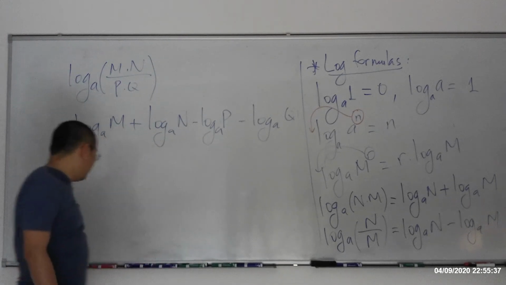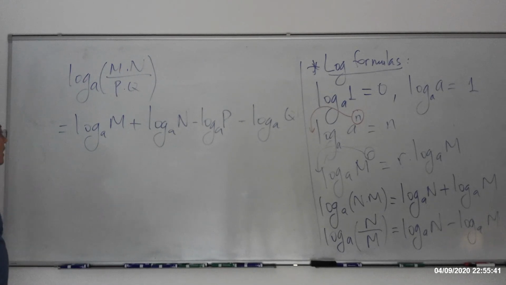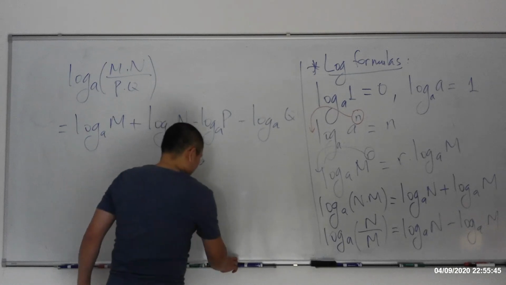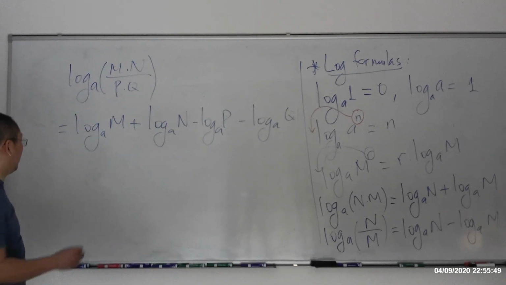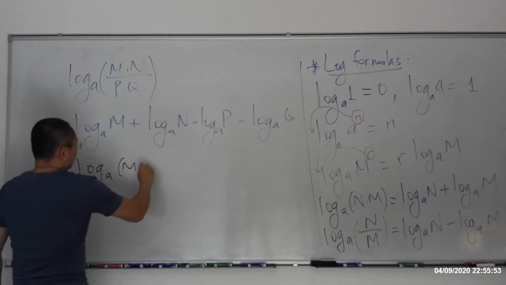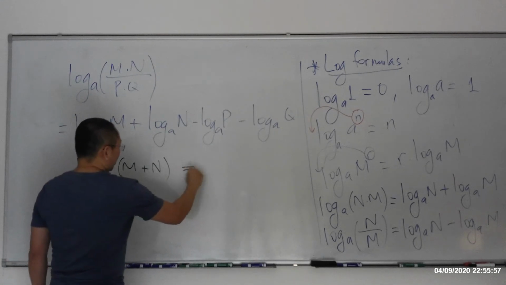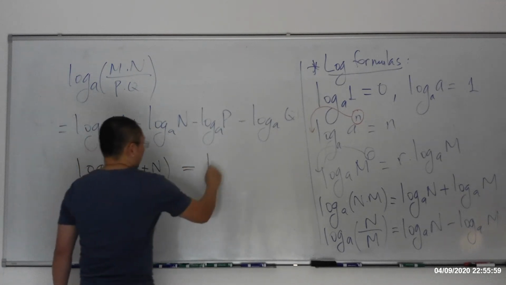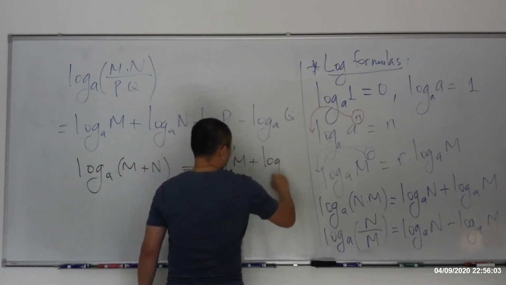Let me talk about a very common, typical mistake that I've seen over and over when students in general do math with logs. We have, say, log base a of m plus n. A number of students will write this way: log base a of m plus log base a of n.